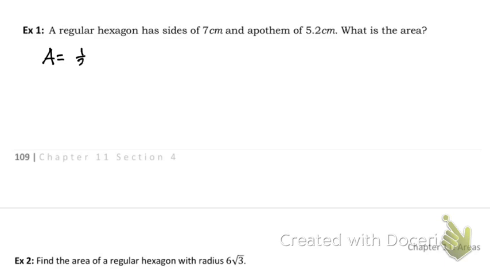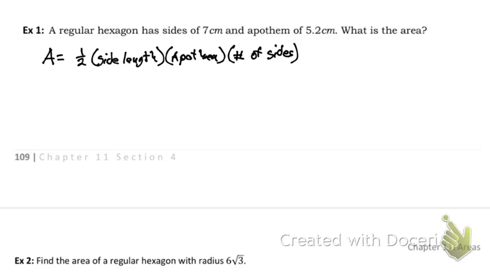Remember, area equals 1/2 your side length times your apothem times your number of sides. You need a side length, an apothem, and a number of sides. Several of these problems will have all of that included for you. You just have to know where to plug it in.